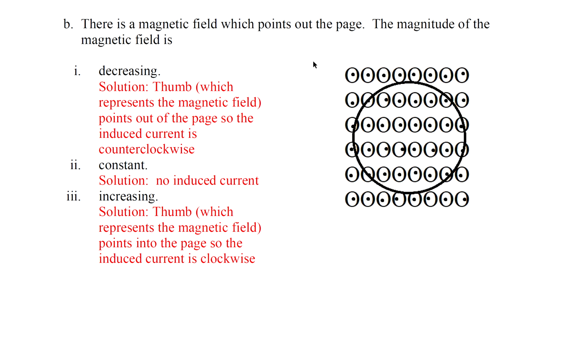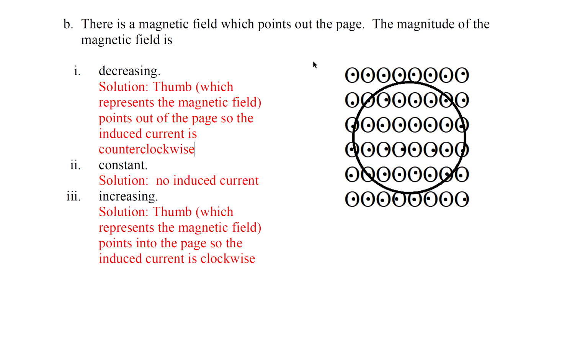Once again, for part BII, if the magnetic field is constant, if the number of lines doesn't change, then there's no change in flux. If there's no change in flux, there's going to be no EMF. Finally, part BIII, if the magnetic field is increasing, that means the magnetic flux is increasing.